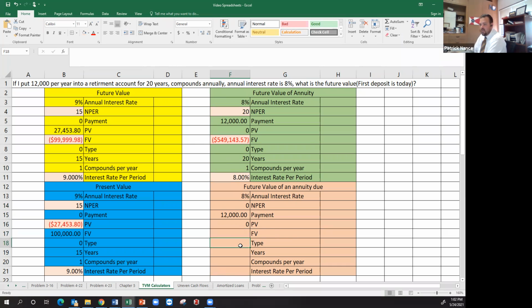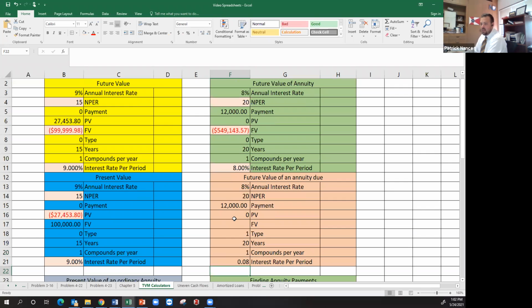The type: remember type, I want this to be annuity due, so it needs to be a type 1. That means the payment is up front. The number of years is 20. Number of compounds per year is 1. And remember my interest rate, I need to take the annual interest rate divided by the number of compounds per year at 8%.